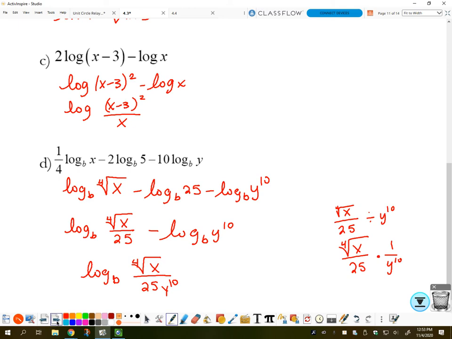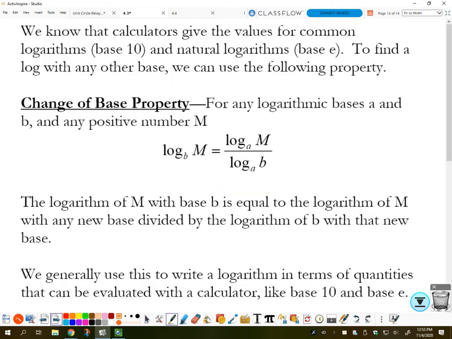Alright, so your assignments. Oh, I forgot the change of base formula. I really just looked at this and completely forgot that was there. Change of base formula is kind of obsolete because if you have the newer graphing calculator or the newer operating system on the graphing calculator, you can push alpha window and it gives you a log base where you can type in whatever base you want.